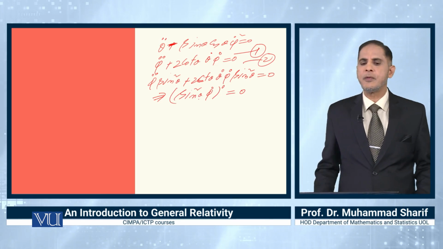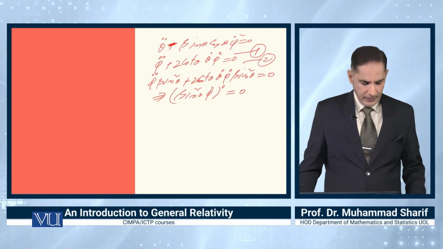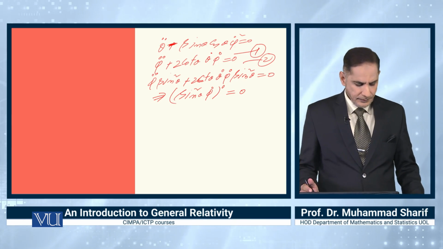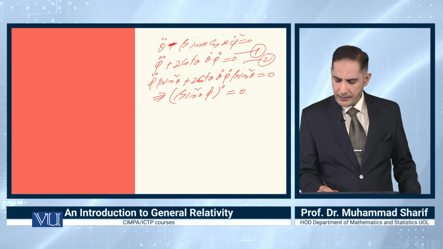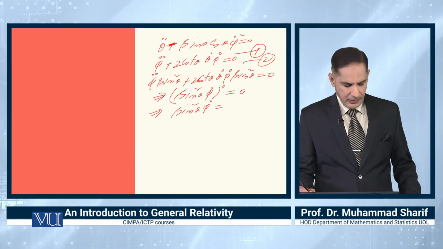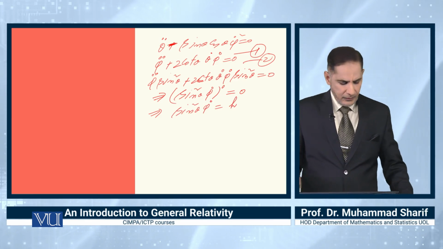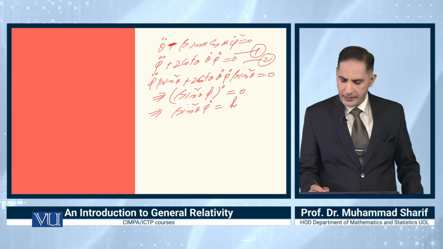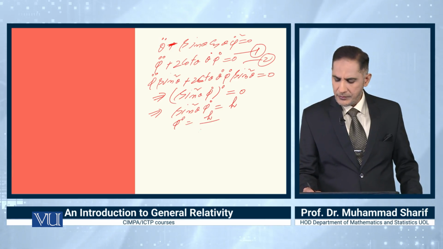If we open this differential, we arrive at the same set. Integrating it, we can write sine square theta phi dot is equal to, say, h. h is an integration constant, and from here we can write phi dot is equal to h over sine square theta.